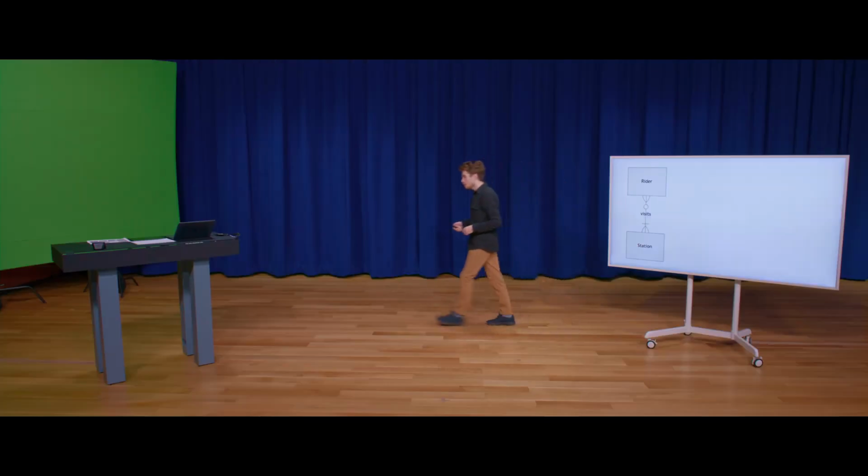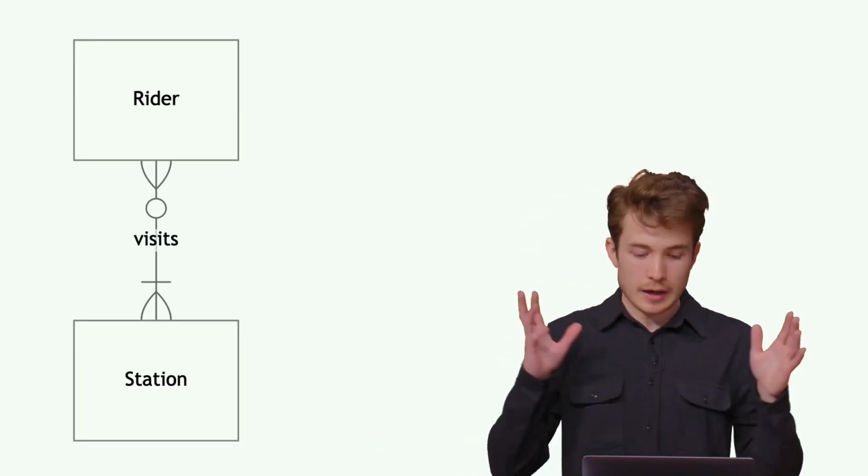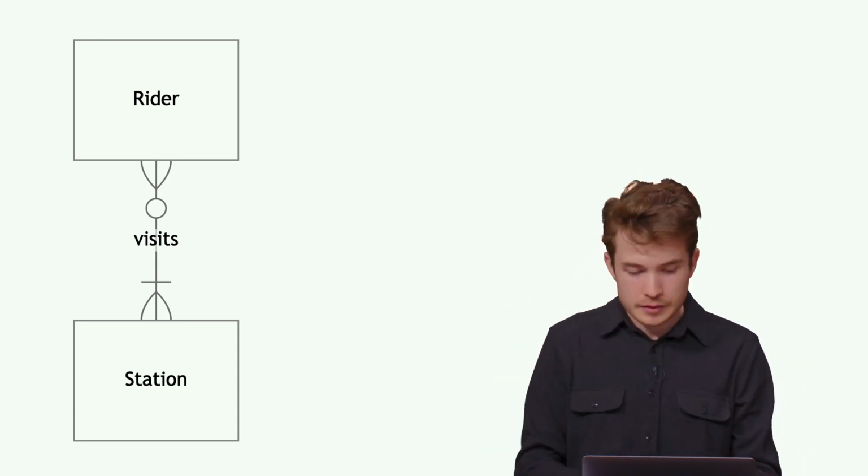So I'll go back to my computer, and we'll learn about this new SQL statement, this one called create table. Create table allows us to, as the name suggests, create a brand new table. So let's do just that in our new database to represent riders and stations.